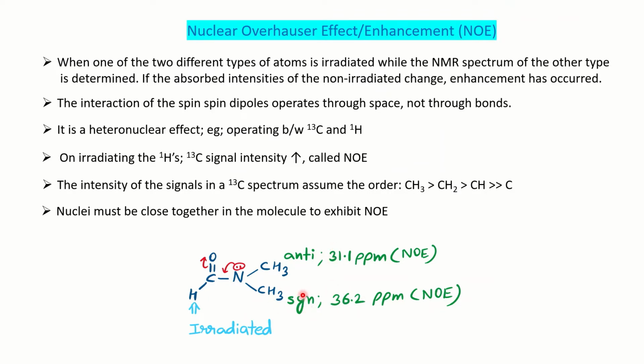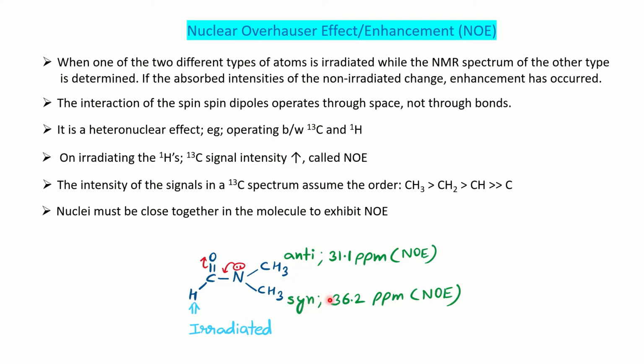You can notice that for the methyl syn to the aldehydic hydrogen, the NOE is high as compared to the anti. As we know, NOE depends on distance, so the aldehydic proton and the syn methyl are close to each other as compared to the anti methyl.